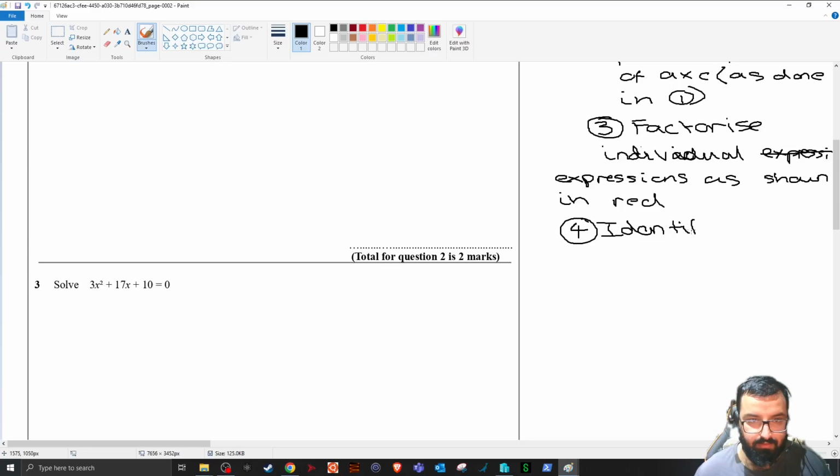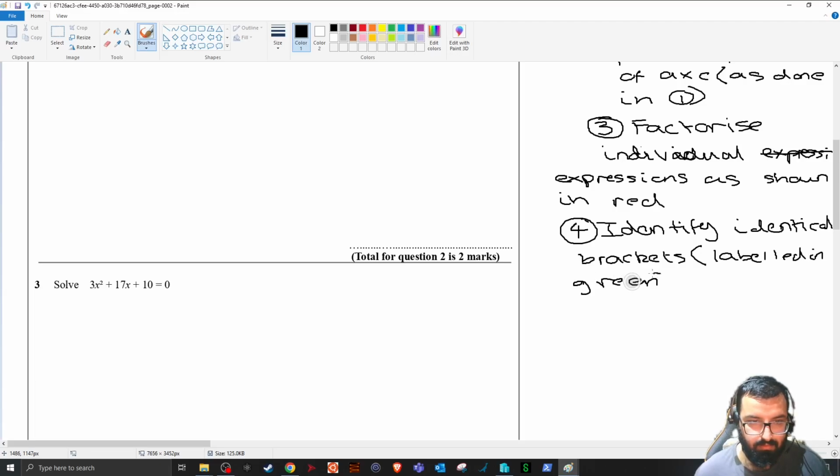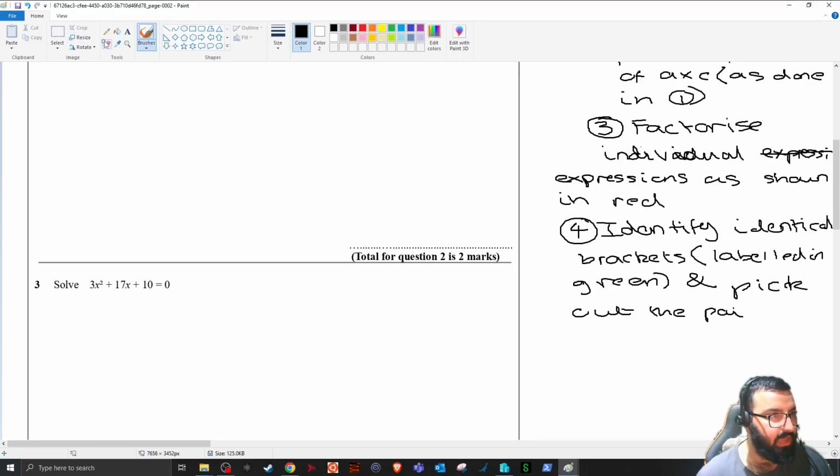Identify identical brackets labeled in green, and pick out the outer pairs, I should have said that, outer pairs.